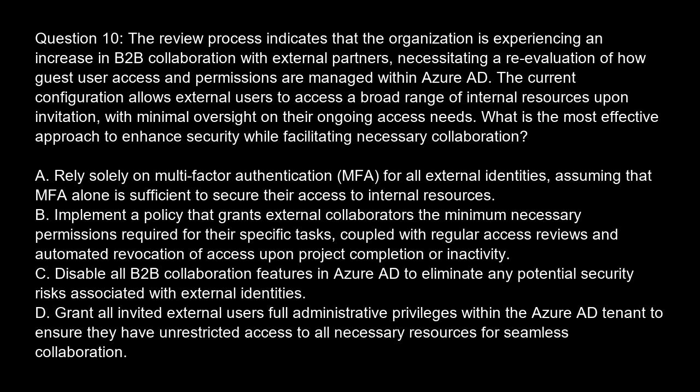Option C. Disable all B2B collaboration features in Azure AD to eliminate any potential security risks associated with external identities. Option D. Grant all invited external users full administrative privileges within the Azure AD tenant to ensure they have unrestricted access to all necessary resources for seamless collaboration.